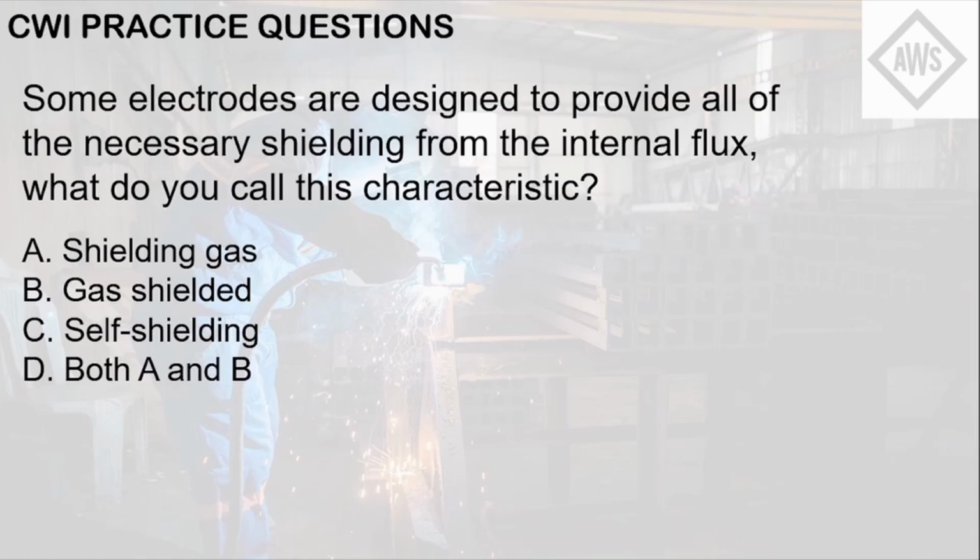For FCAW, one advantage is that it can be self-shielding. Self-shielding means that the necessary shielding for the welding process comes from the internal flux. In the tubular part of that electrode, there is internal flux inside, which produces those self-shielding characteristics. Basically it produces the shielding gas or smoke around the weld pool, similar to SMAW. So the answer here is letter C, self-shielding.